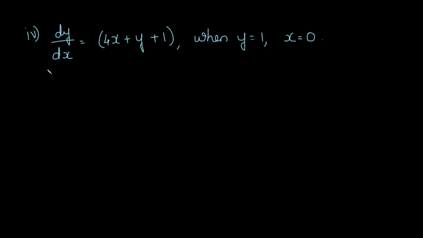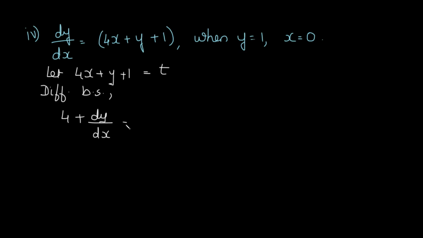Over here, we write the entire RHS as t. So we write, let 4x plus y plus 1 is equal to t. Now differentiating both the sides with respect to x, 4x becomes 4, plus y becomes dy by dx, plus 1 becomes 0, and on the RHS we get dt upon dx.